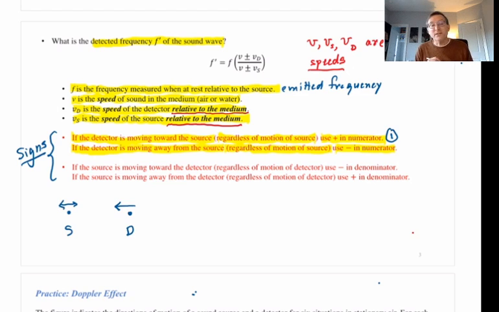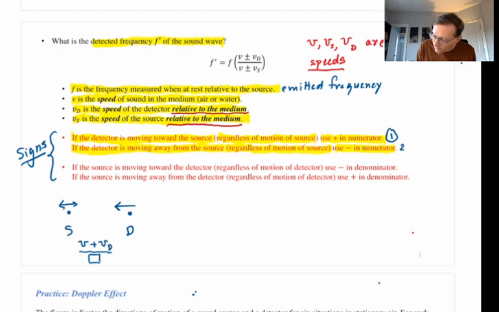I don't care which way the source is going. All I care about in case 1 here is that the detector is moving towards the source. That wants the frequency to go up. So in the frequency formula, in the numerator specifically, I choose the plus sign to make the numerator big. And I don't care what's happening in the denominator, so I'll just put an empty box. This picture is only telling me what to put in that numerator.